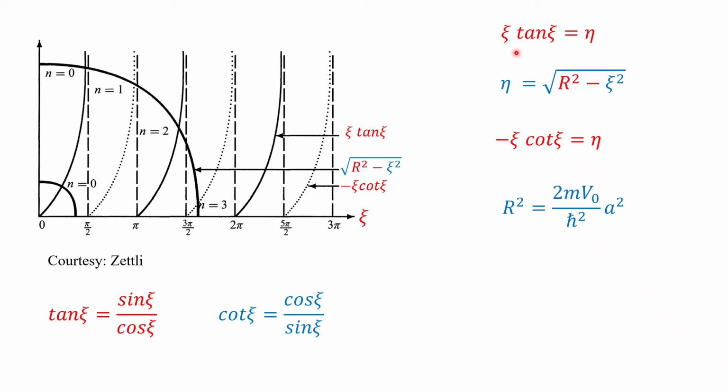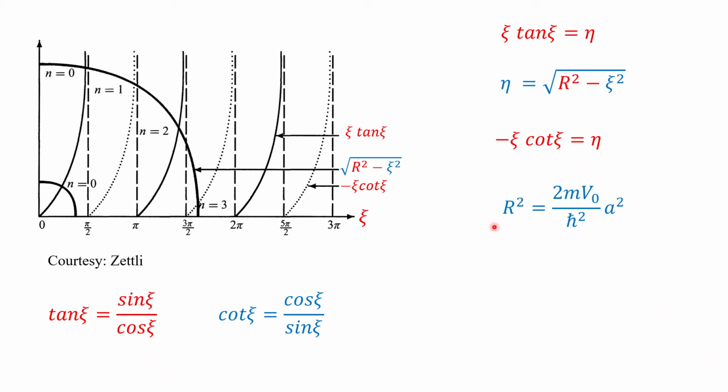So we got z tan z is equal to eta, and eta equal to the square root of r squared minus z squared. And for the negative x-axis, we have seen the solution, minus z cot z, which is equal to eta, and the radius is this one.